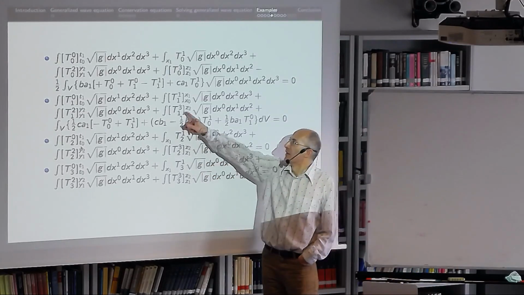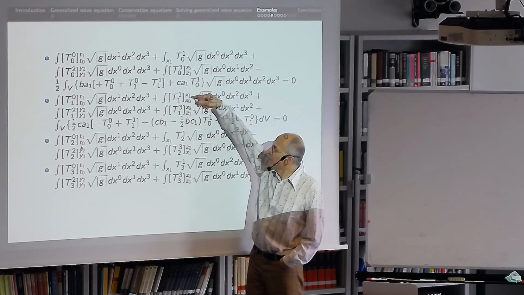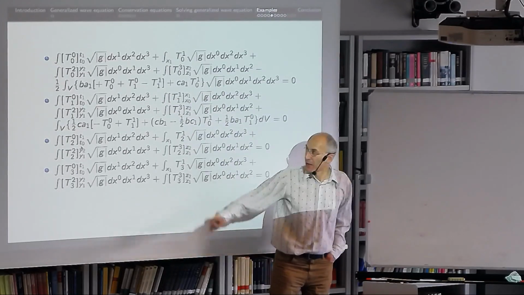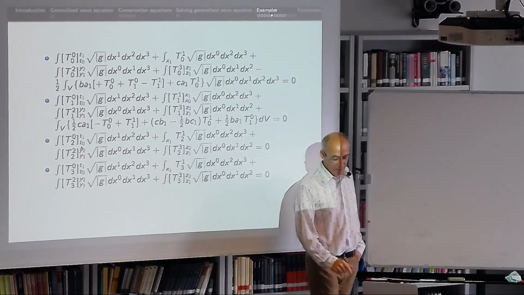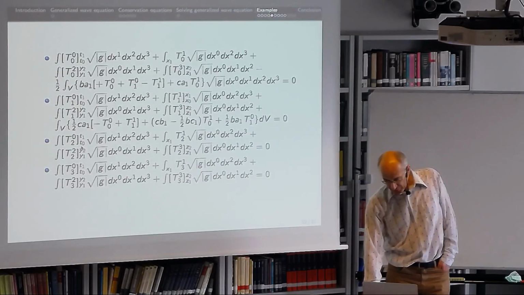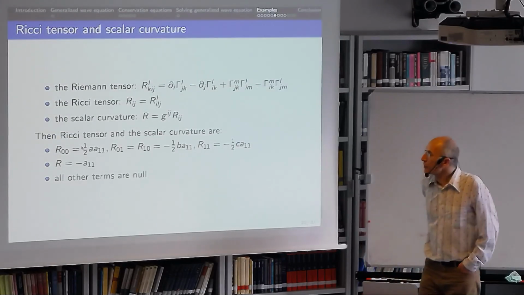But for the normal derivative, this is not the case. So we have an integral; we have to take into account what happens on the surface itself. But that was getting a bit complex.